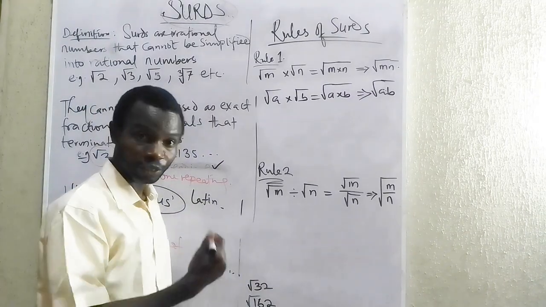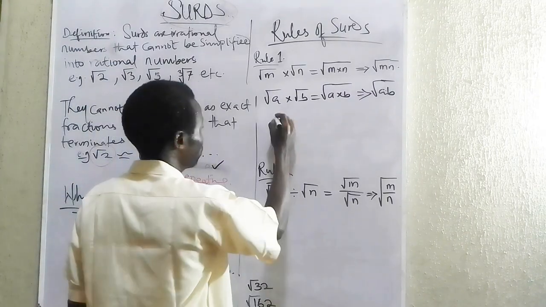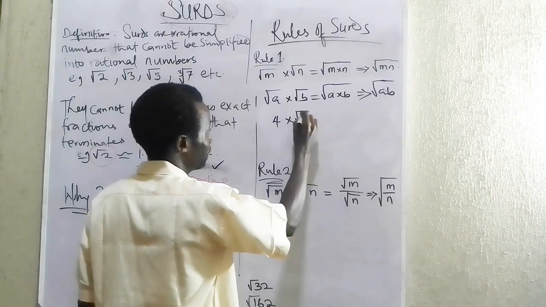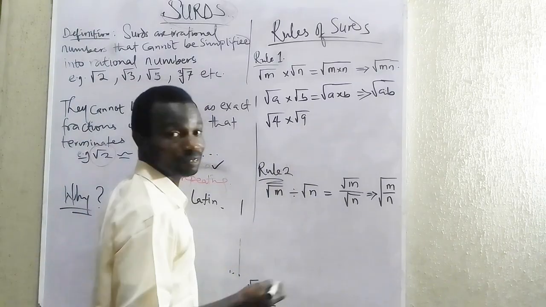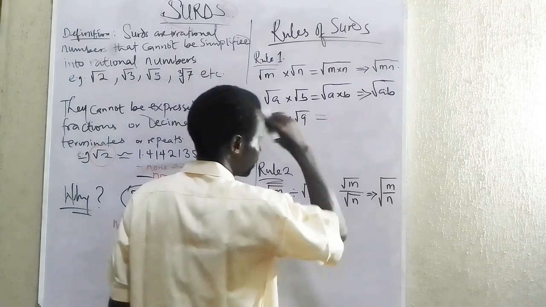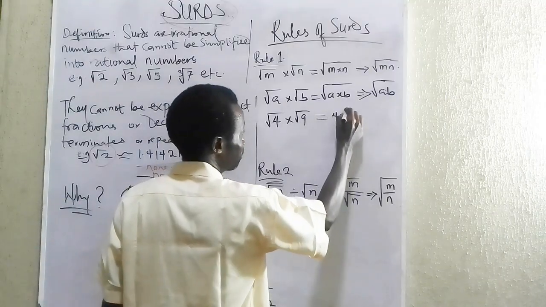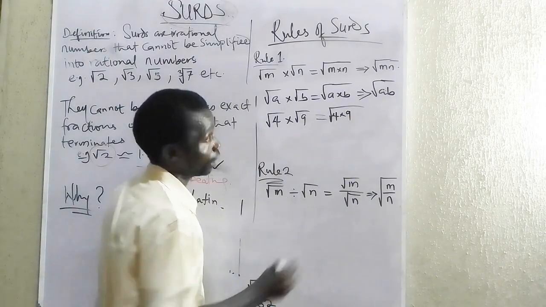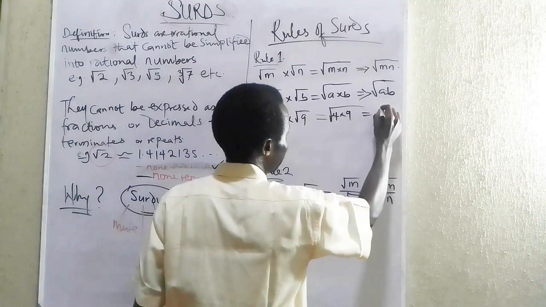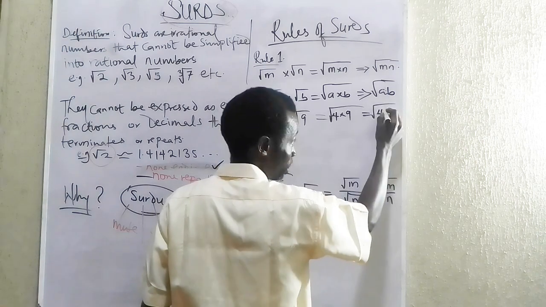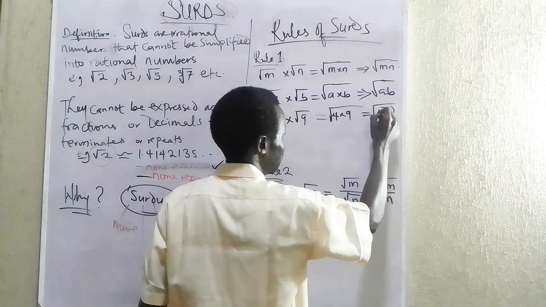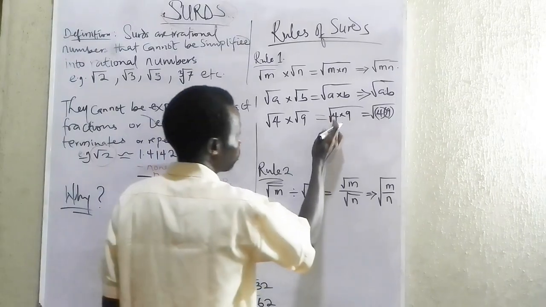If I use digits here, it's going to be, for example, root 4 times root 9. It's the same thing as doing it as root of 4 times 9. What is 4 times 9?